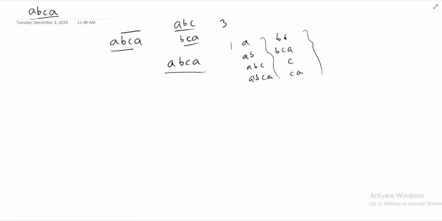Now we need to go through all the substrings again and see whether they contain distinct characters. A contains distinct, the max is 1 till this part, and AB, yes, the max becomes 2 now. ABC, the max becomes 3. And ABCA, we go through it and see A is repeated.